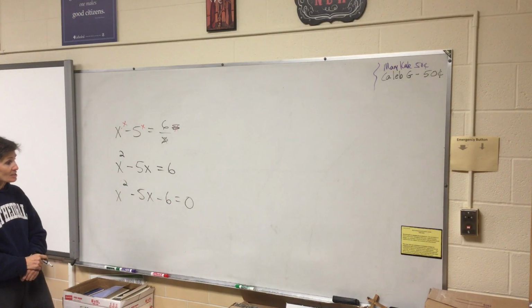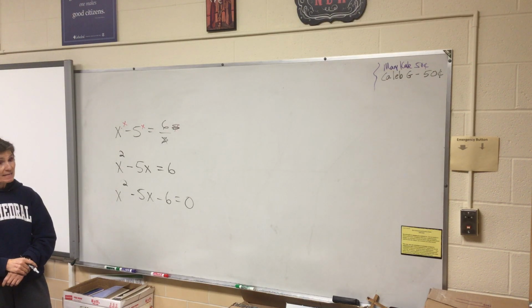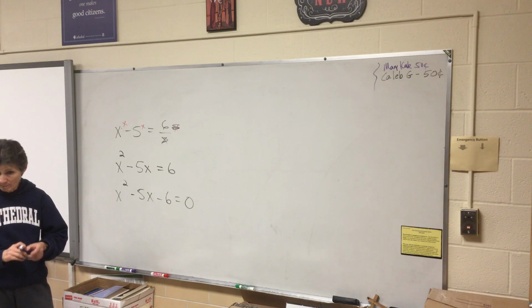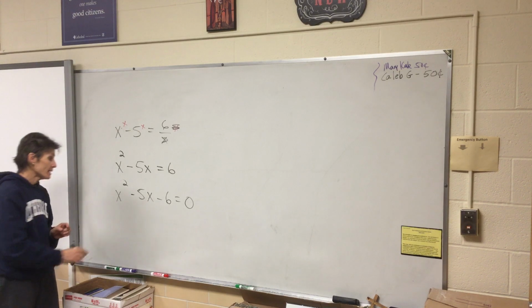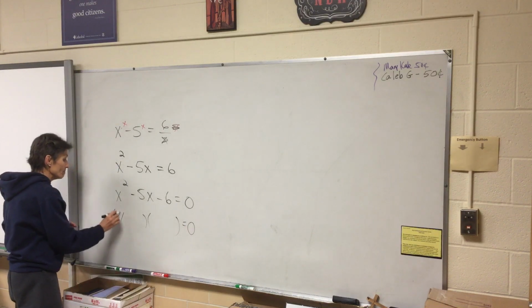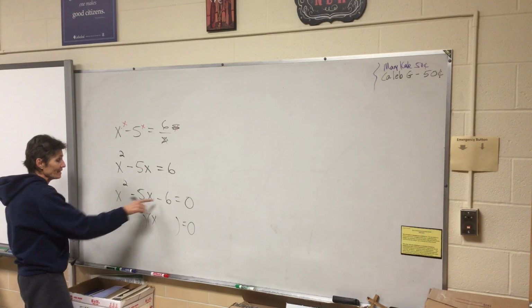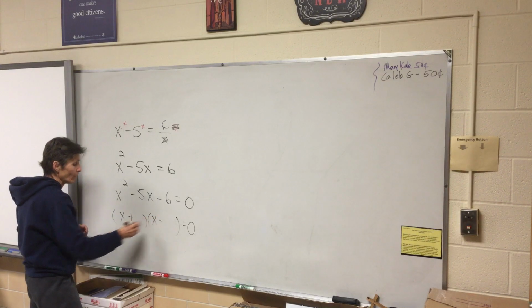Now this is a solve equation. So I am either going to factor it, or I'm going to use the quadratic formula. Whichever one works for me, it doesn't make any difference. Let's factor. All right, be careful when you factor it though, because that's a negative 6. That means I need one positive and one negative.